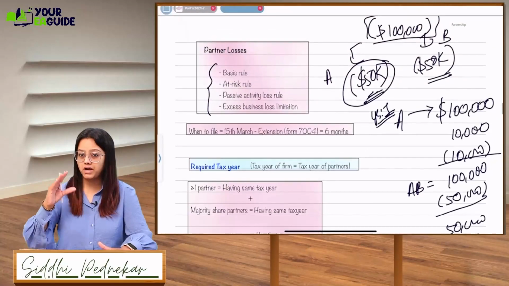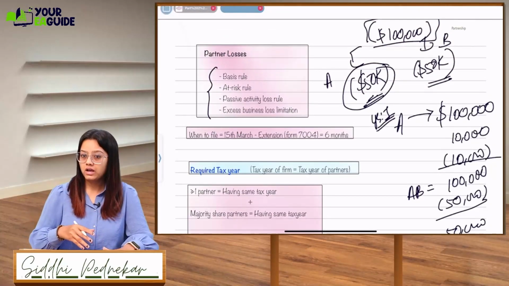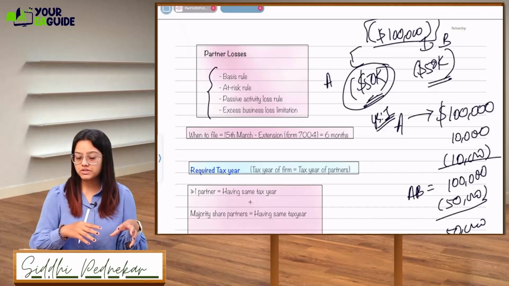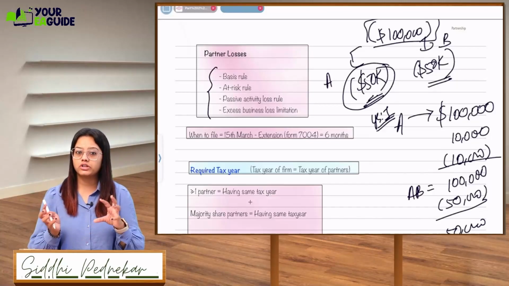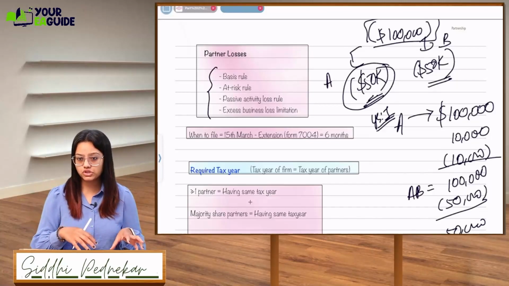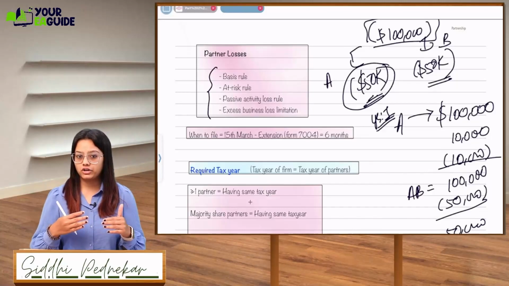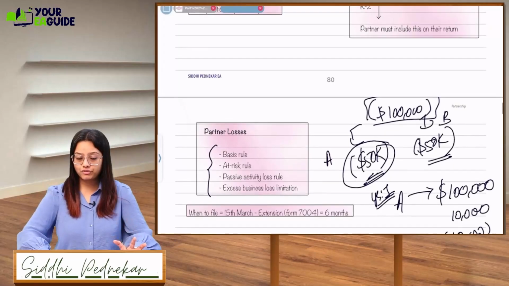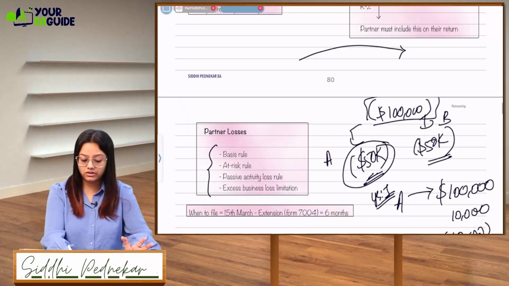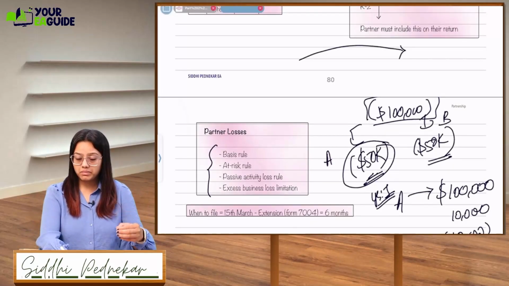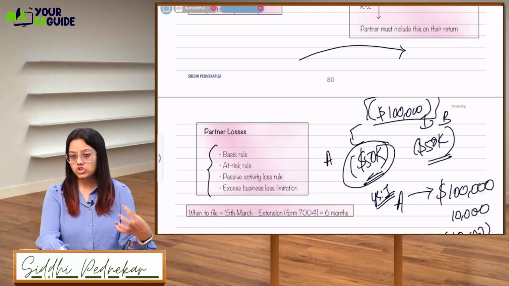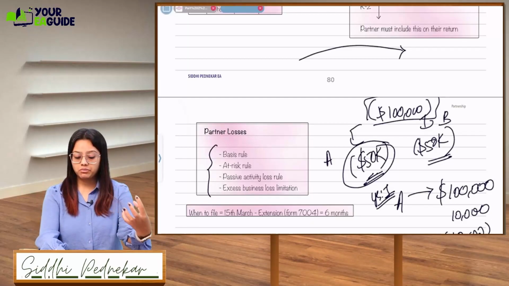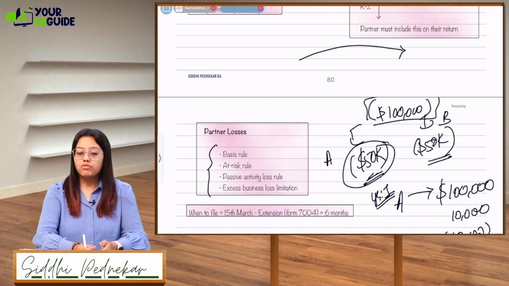It is just like a partner's capital account, which we call in India, right? Include all the incomes, reduce all the losses, reduce all the distributions, include all the contributions. All these things will be added and reduced. Now the main thing in the partnership chapter: you have to identify when a partner contributes something, maybe property, maybe cash, or anything else to a partnership firm, what will be the tax treatment?